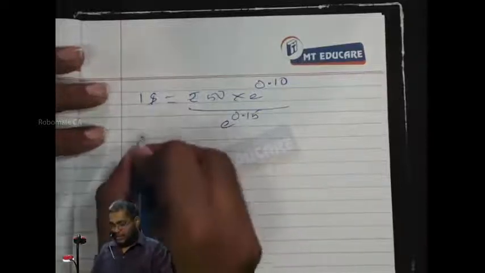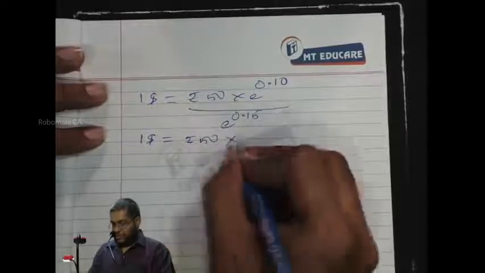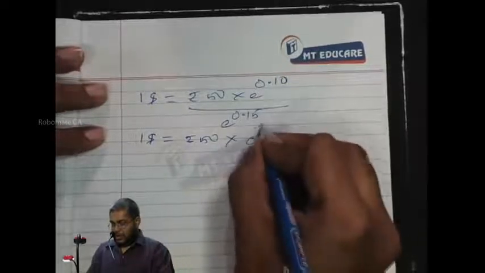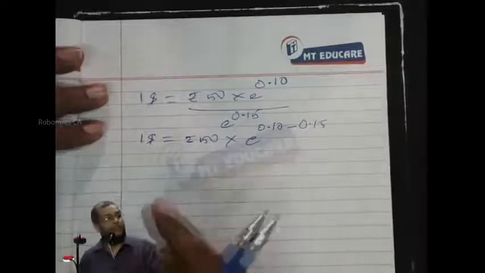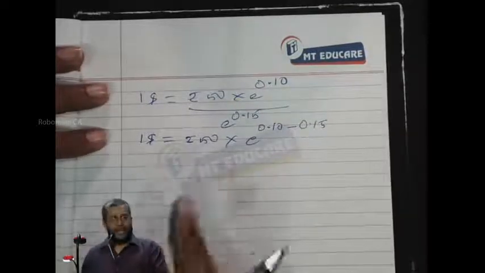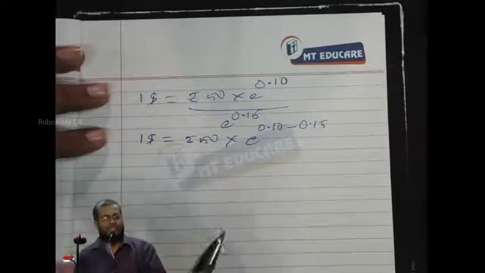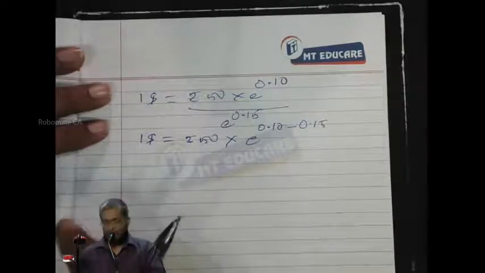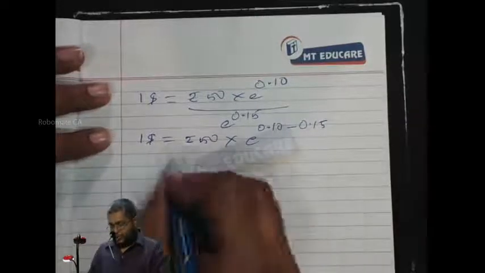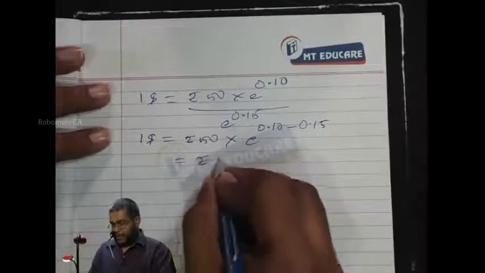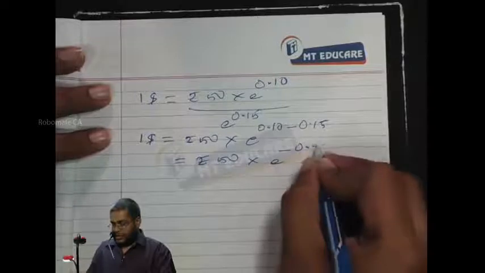Now, simplify it. $1 is equal to 50 rupees into e power 0.10 minus 0.15. X squared by x cube means what? X power 2 minus 3. We have a common base or not? I think you are all following what I am saying. E power 0.10 minus 0.15 is equal to 50 rupees into e power minus 0.05.